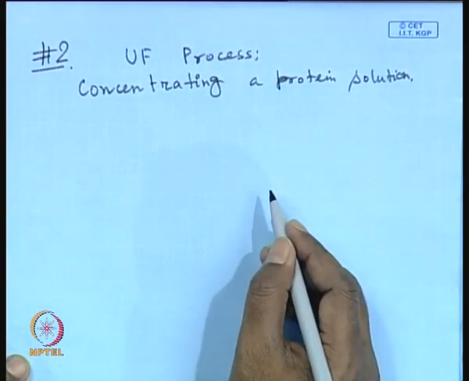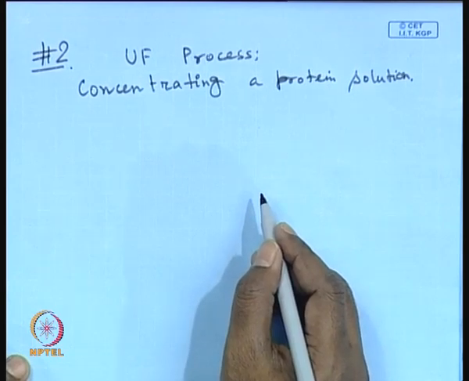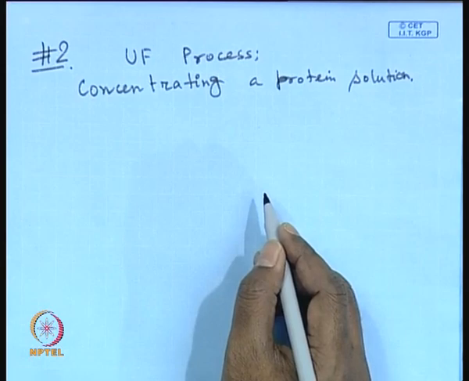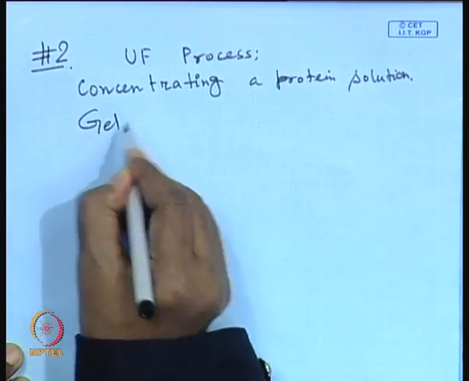Since the protein will have a high molecular weight and a larger size, the filtration is gel layer controlled in this particular case. The previous problem we did for the osmotic pressure control case. Now, it is a gel layer controlling filtration.